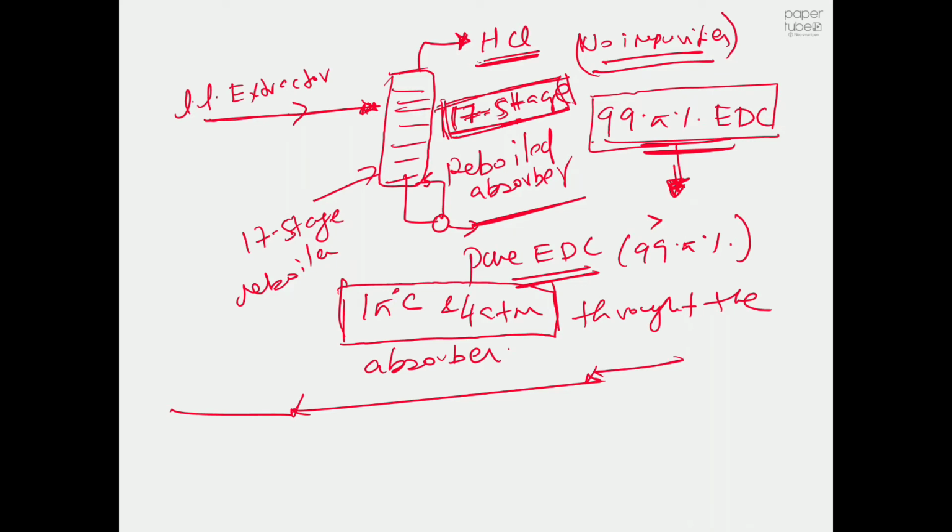So once we have this 99.5% pure ethylene dichloride, we can go on to the next step, which is pyrolysis.